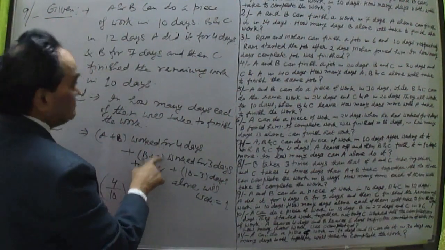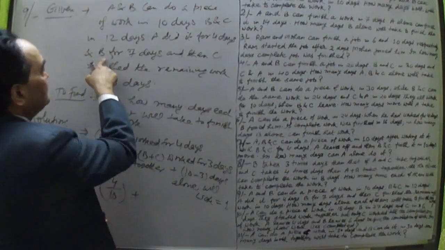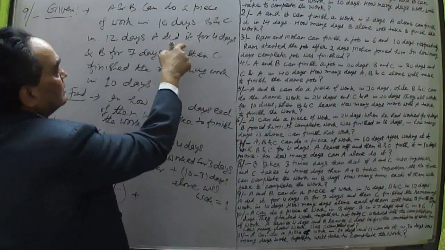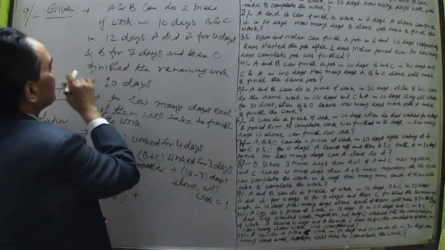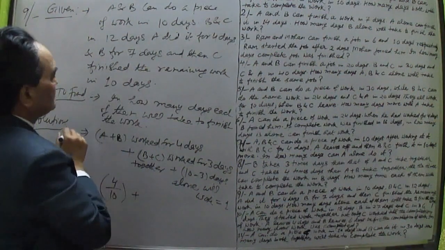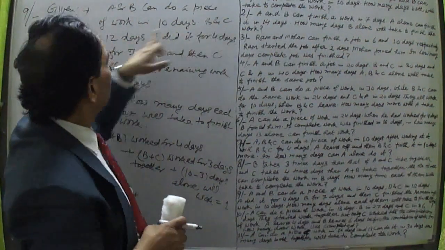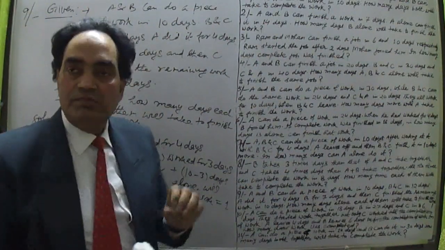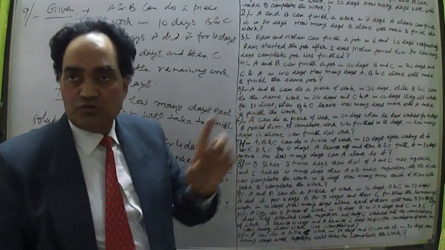Then B and C worked for 3 days, but their rate is 1/12, because B and C can complete the work in 12 days. One day's work of B and C is 1/12.